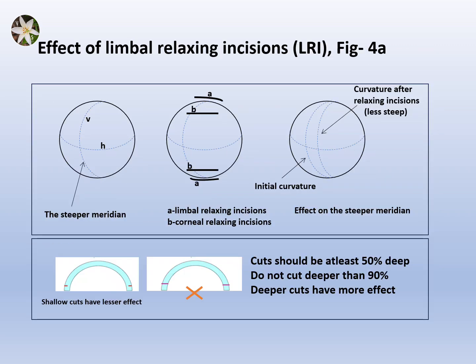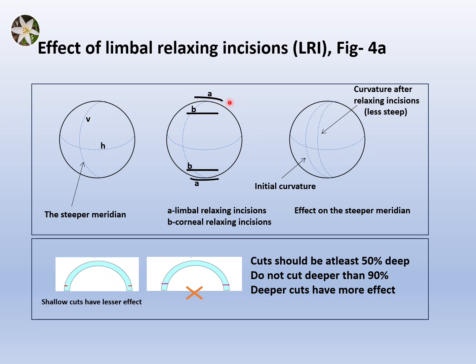This figure 4a illustrates the effect of the limbal or corneal relaxing incisions. So here is the cornea with the steeper vertical meridian. The relaxing incisions are made at the ends of this more steep meridian.